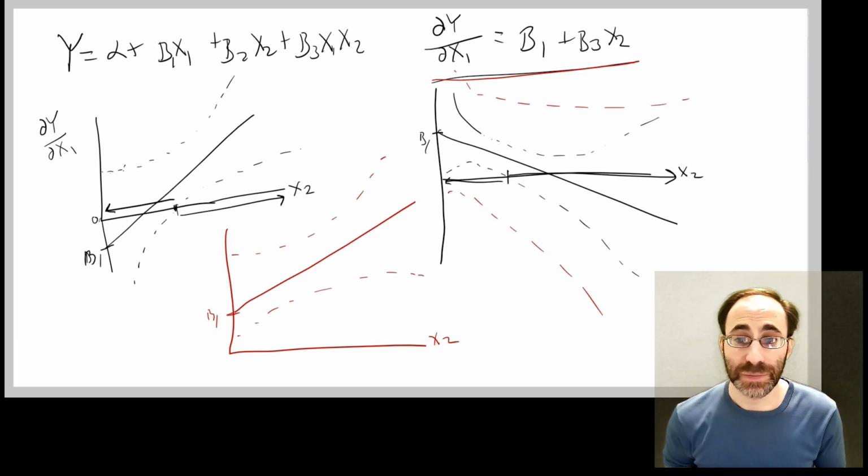Now, before I move on, a couple of small points. You saw that I kept drawing the confidence bounds being more narrow, or I tried to at least, in the middle of the x2 range. That's not guaranteed. That's not required. You often see that because oftentimes your data will tend to have more data points for middle values of an independent variable than the extreme values. As we know before, the standard error goes down as you have more data points.